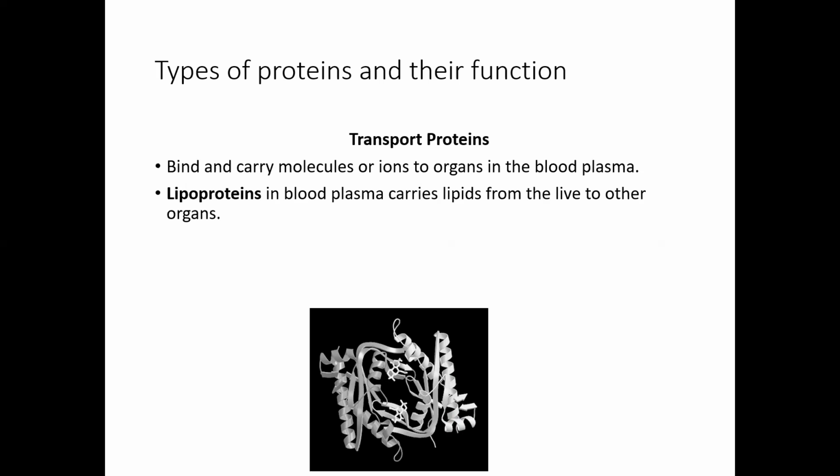We also have, in the membrane, aquaporins that are responsible for the transportation of water molecules. We also have lipoproteins in the blood plasma. They carry lipids from the liver to other organs. So these are all examples of transport proteins.